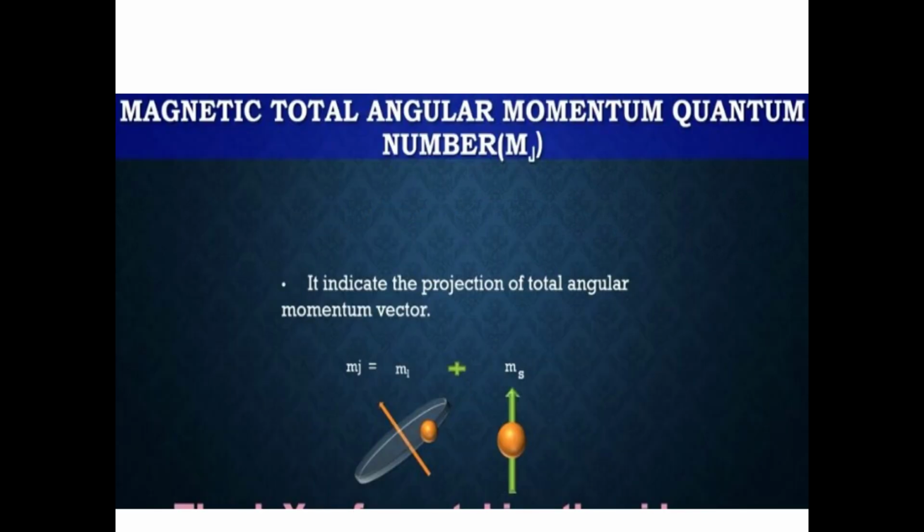This diagram shows the magnetic total angular momentum quantum number. It indicates the projection of total angular momentum. The state of an electron of an atom is completely specified by the four quantum numbers, mainly n, L, Ml and Ms.